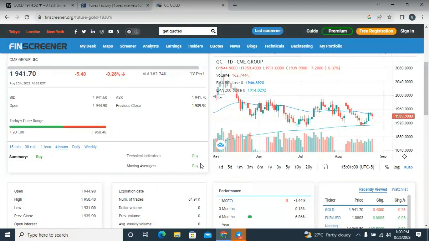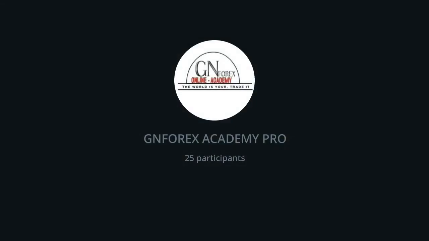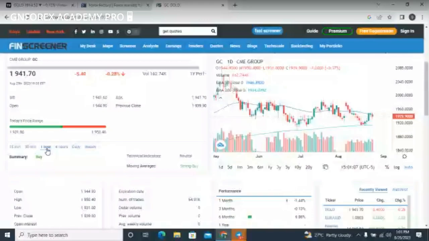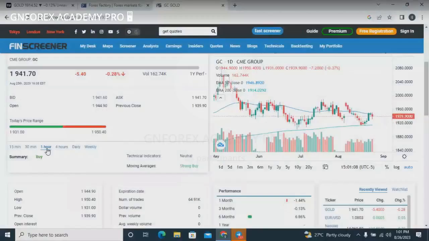Now we have 3 buy, 1 sell. 1 hour, technical said neutral. Moving average said strong buy. So we have 1 strong buy, 3 buy, and 1 sell. 30 minutes said neutral and strong buy. We have 2 strong buy, 3 buys, and 1 sell.